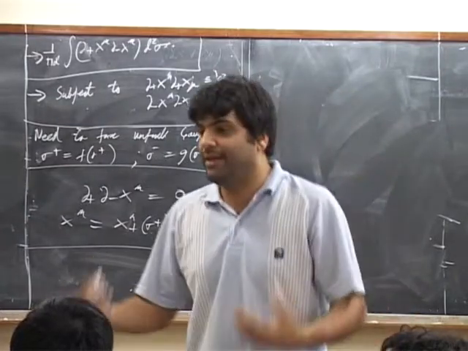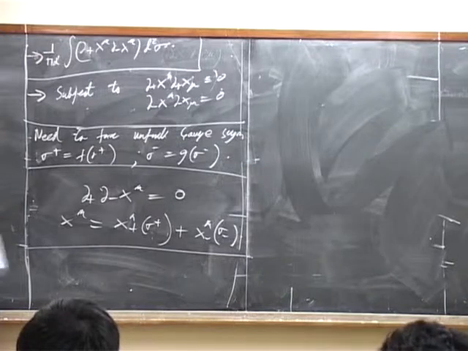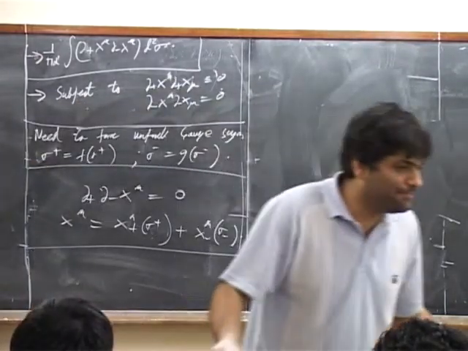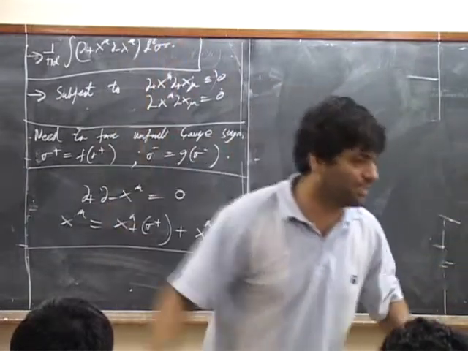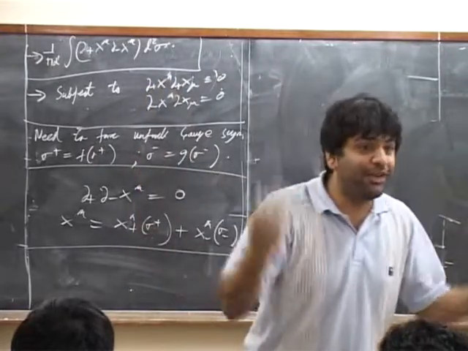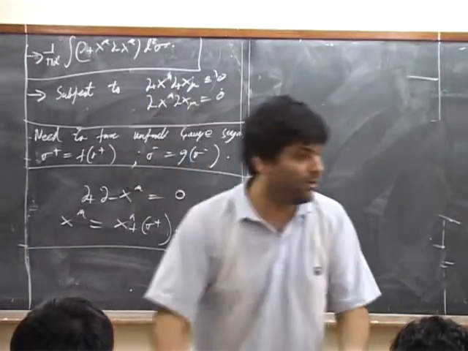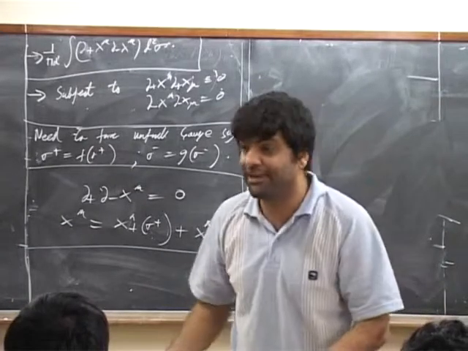Any function of sigma plus is as good a definition of sigma plus as sigma plus itself, up to certain global issues. So sigma plus is only defined up to functions of itself, and sigma minus is only defined up to functions of itself.